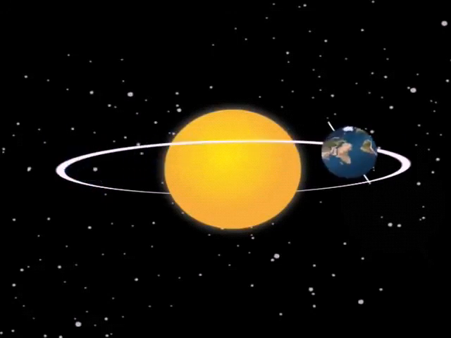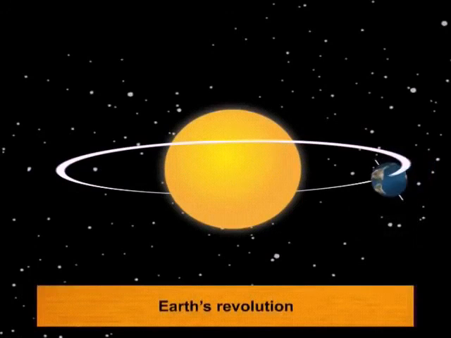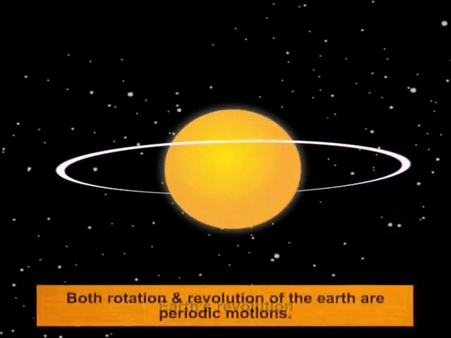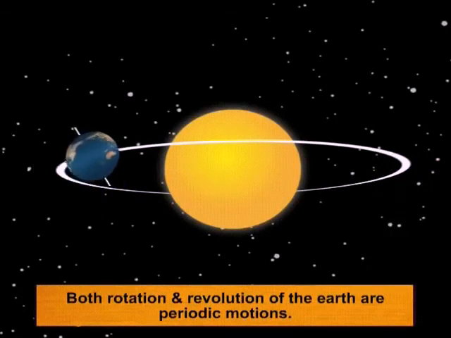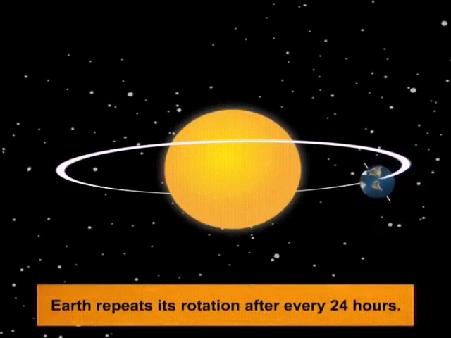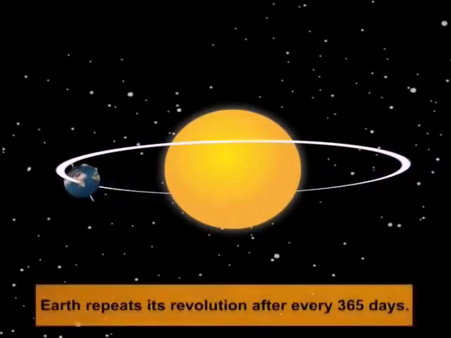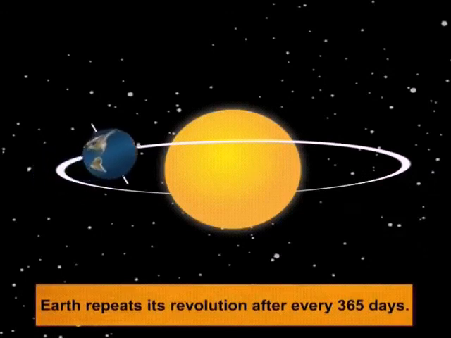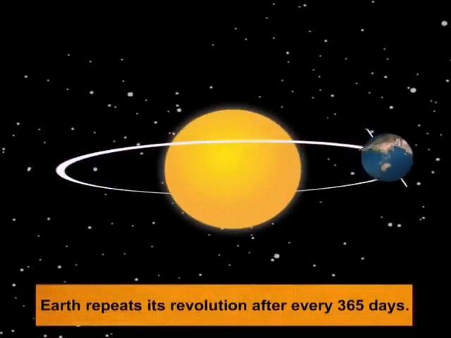This motion is also known as Earth's revolution. Both rotation and revolution of Earth are periodic motions as well. Earth repeats its rotation after every 24 hours. Earth repeats its revolution after every 365 days.